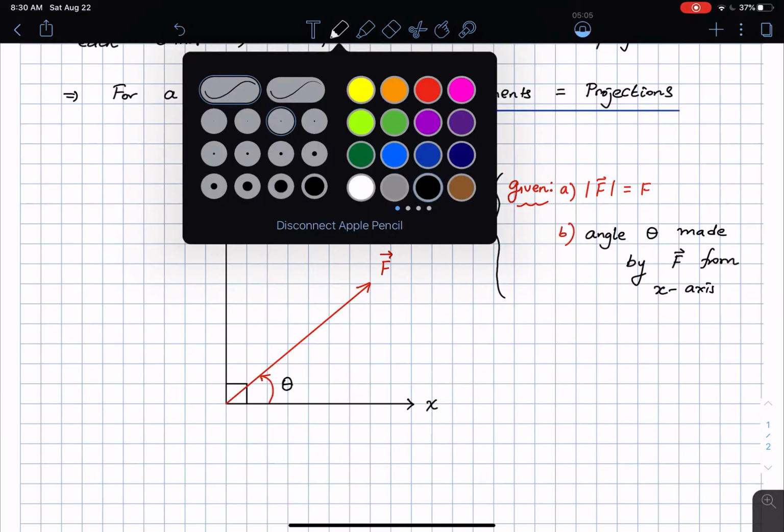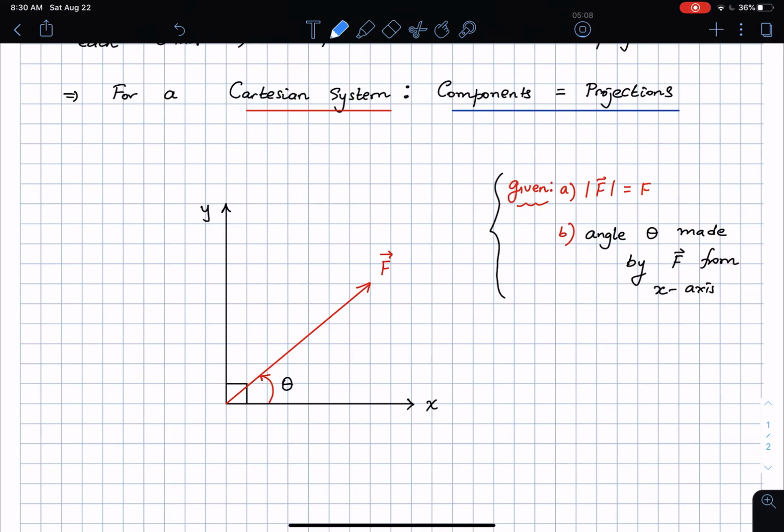Okay, so I'm going to do just that. From the head of F, I'm going to draw a line that is parallel to the y-axis, and because of the fact that these are a Cartesian coordinate frame, that becomes a 90-degree angle. Then from the head of F, I draw a line parallel to the x-axis, and likewise this becomes a 90-degree angle as well, right?